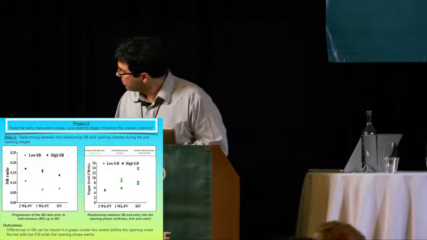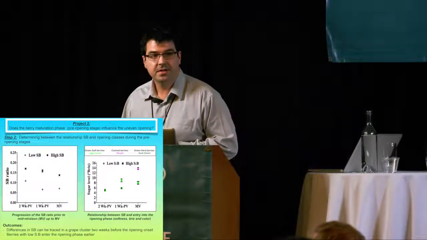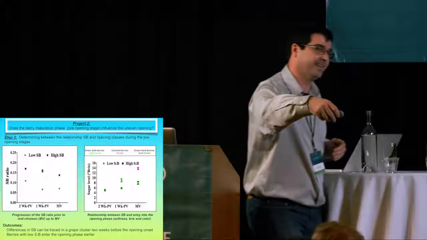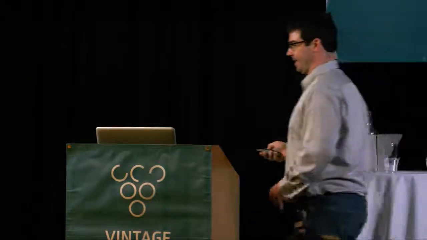And when you arrive at mid-veraison, you have your purple berries and you have your green berries. So you can see the divergence in the sugar accumulation across the two berry classes.